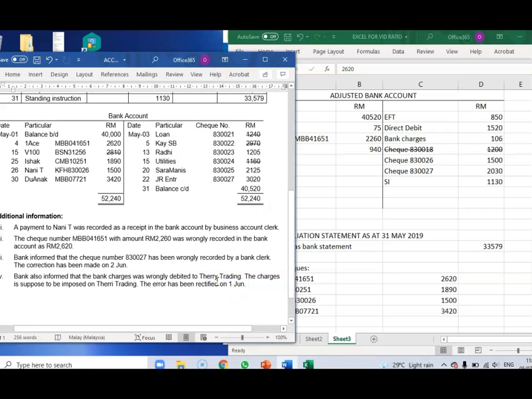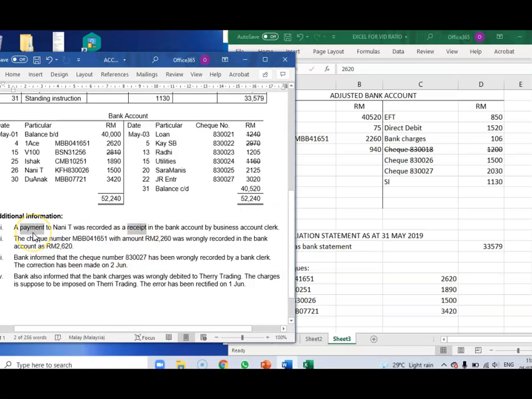The additional information from this particular exercise says that a payment to Nanity was recorded as received. Payment, bayar, right? A payment to Nanity was recorded as received.